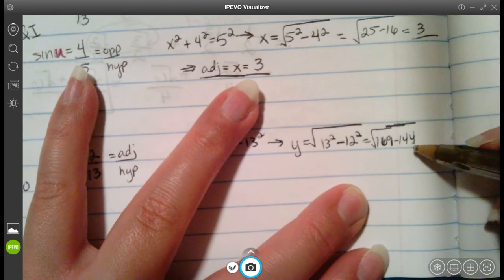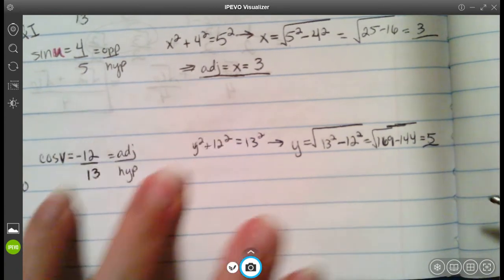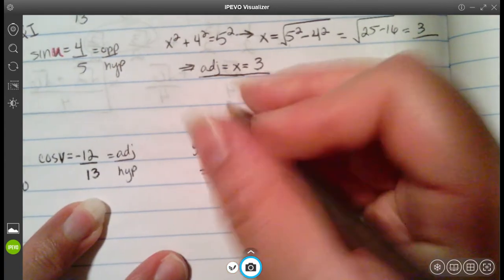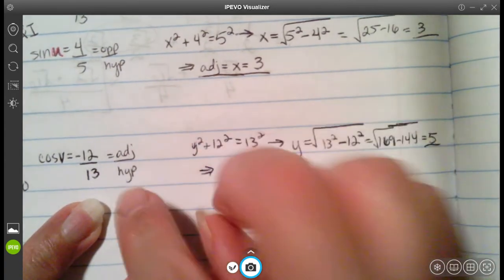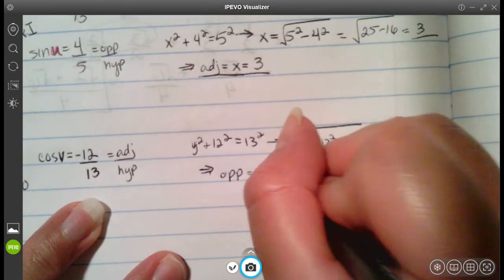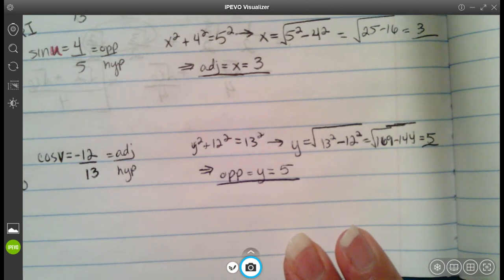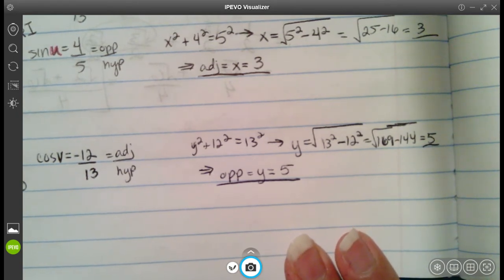If you subtract these, we get the square root of 25, which is 5. So that means that the opposite side in this triangle, which is our y, is equal to 5. Okay, so that is great because now we can plug everything into our formula.